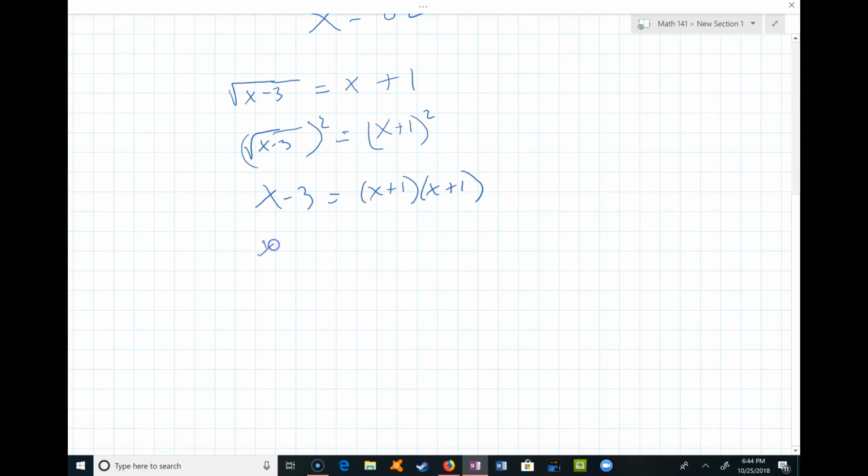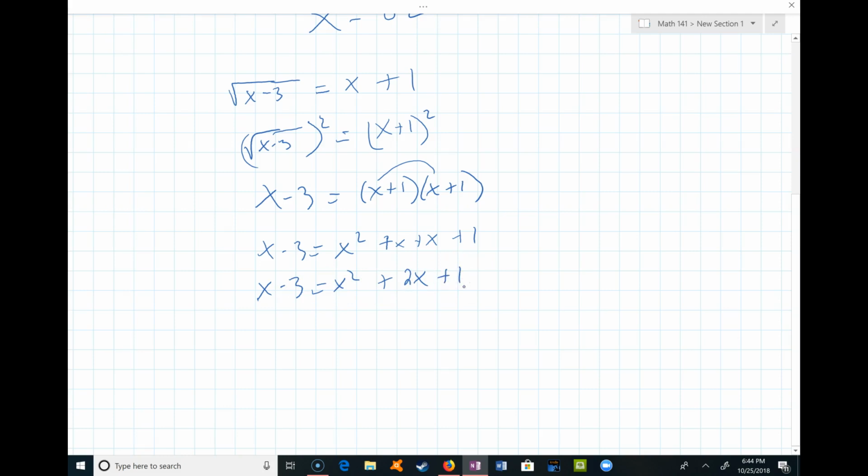So I'd have to multiply that out. So that'd be x minus 3 over here. And x times x is x squared. X times 1 is 1x. And 1 times x is 1x. And 1 times 1 is 1. So we have x minus 3 is equal to x squared plus 2x plus 1.